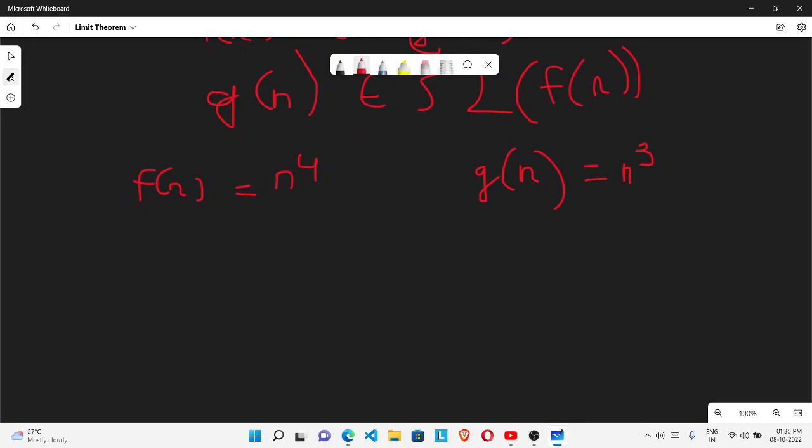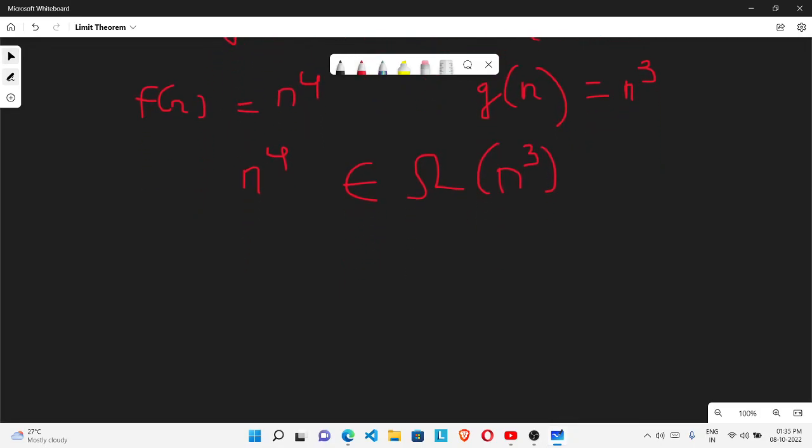Now, according to the limit theorem, n raised to 4 belongs to the best case of n cube. This is what limit theorem tells us. It's just a theoretical concept. We don't need to dive too deep into it. So n raised to 4 belongs to the omega of n cube.